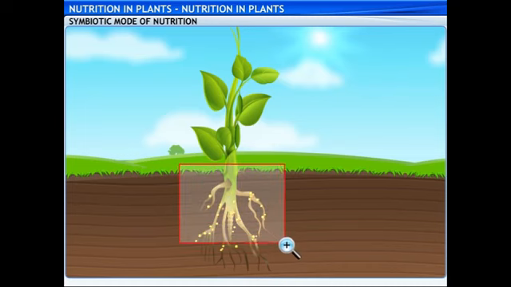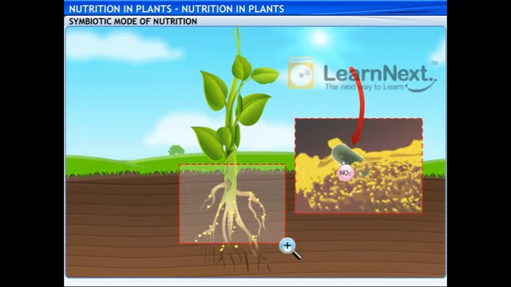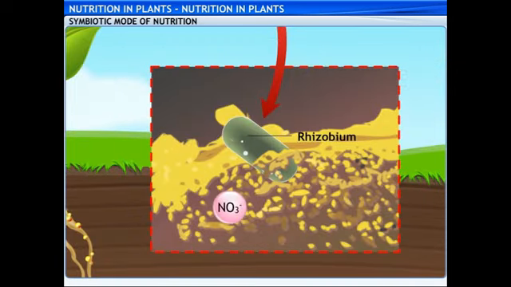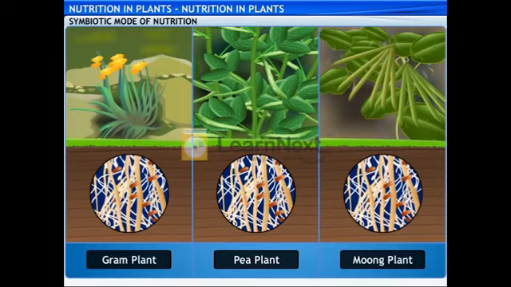Now, a bacterium called rhizobium helps plants by taking atmospheric nitrogen and converting it into a soluble form. However, rhizobium cannot make its own food. So, it forms a symbiotic relationship with plants like gram, peas, mung beans, and other legumes.